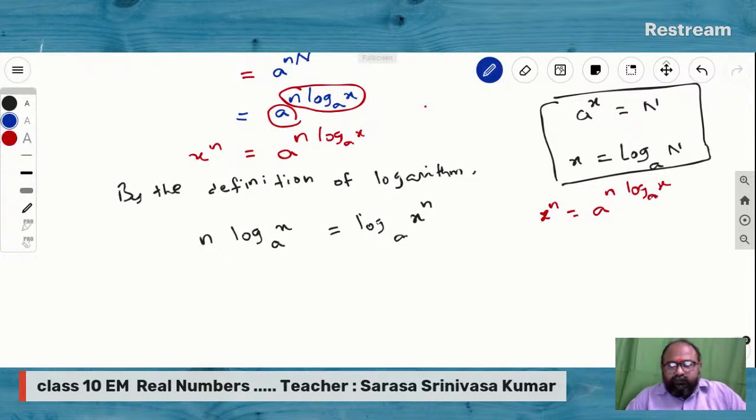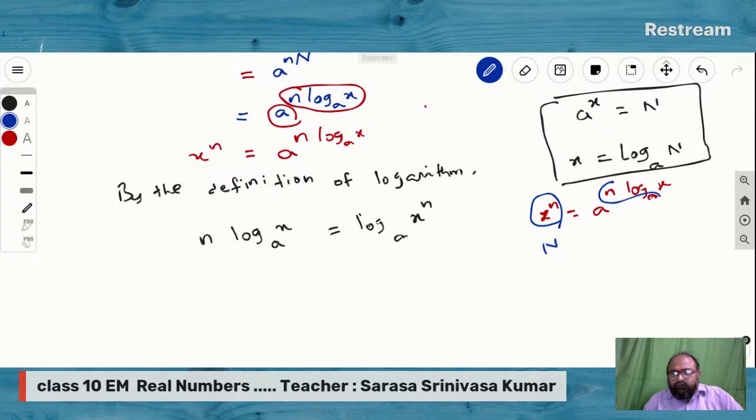Now let us compare with the formula. So this is n and this is x.